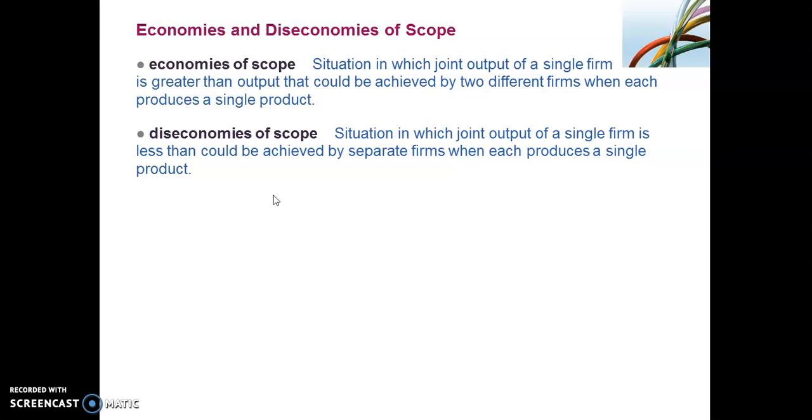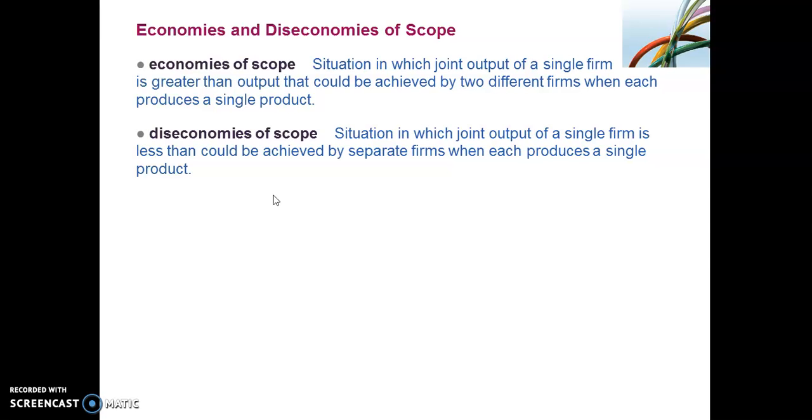You could have two different firms, each producing a single product, one producing motorbikes, one producing cars. With economies of scope, a single firm producing both outputs achieves a greater joint output than if you had two different firms doing it. That is economies of scope.